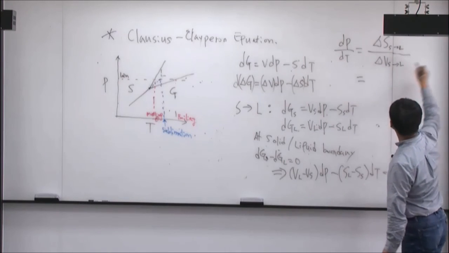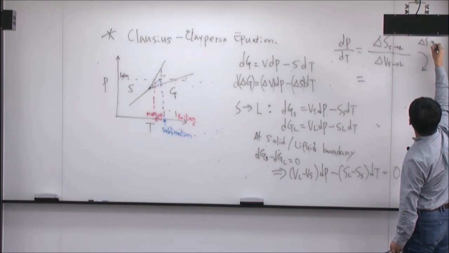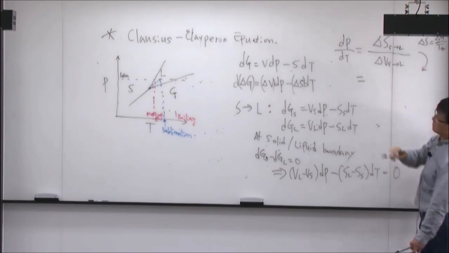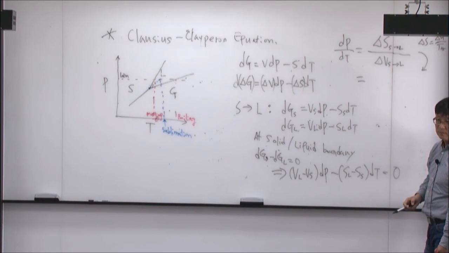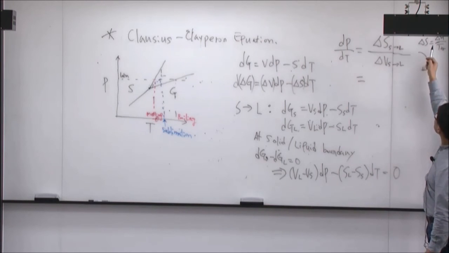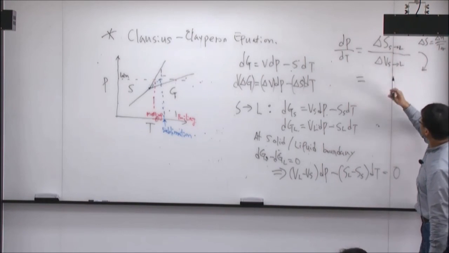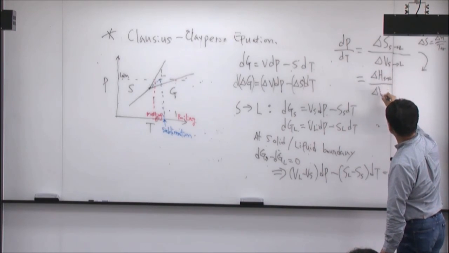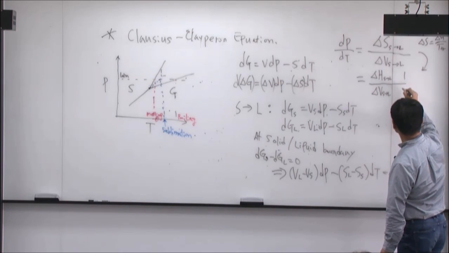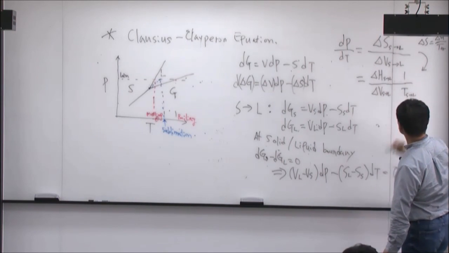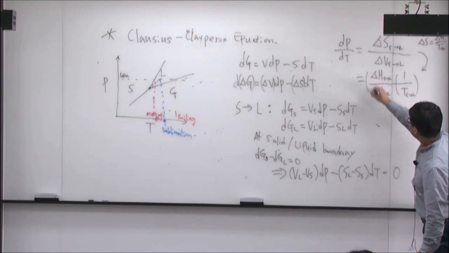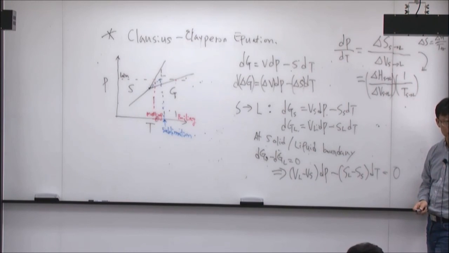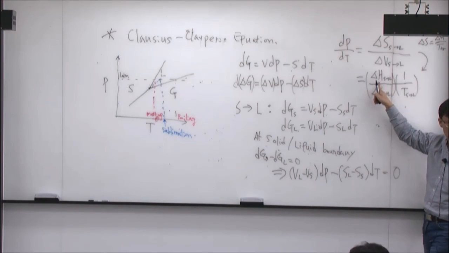And delta S equals delta H of the transition over T. Yeah? Is it okay? So then dP over dT for the solid-liquid is delta H of solid becoming liquid over delta V of solid becoming liquid, times 1 over T, the solid-liquid transition temperature. Is it okay?